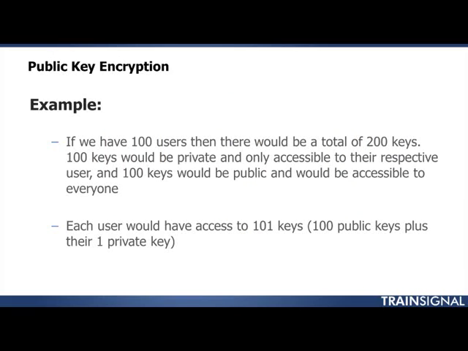So let's go to an example. Let's go back to our example of the 100 users, right? Because we already determined that if there were symmetric key encryption taking place, we're going to have thousands of keys.